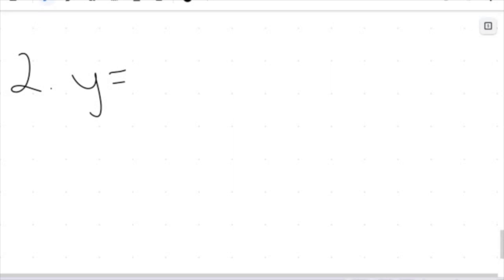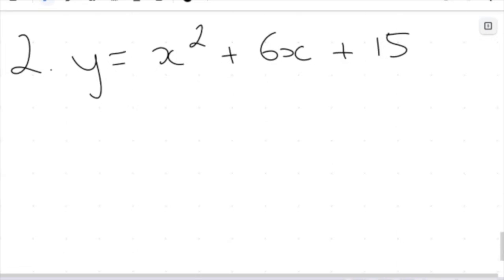y equals x squared plus 6x plus 15. And I want to factorize this using completing the square. Now, when we complete the square, remember we have to look at this particular term here.